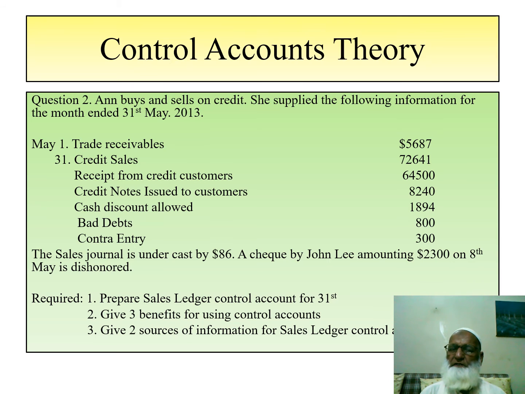Our customer had a trade receivable of 2,300, but he couldn't pay because his check was dishonored. So what are the requirements? Number one, prepare a sales ledger control account on 31st May. And the second requirement is to give 3 benefits for using control accounts, and give 2 sources of information for the sales ledger control account. Now to the second slide.